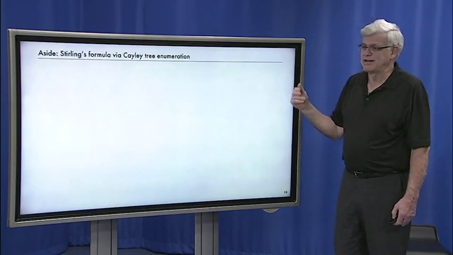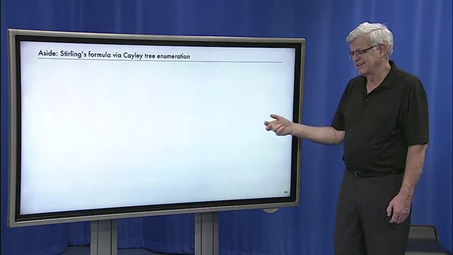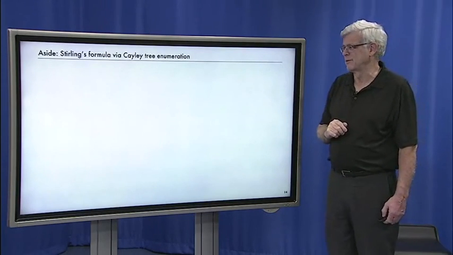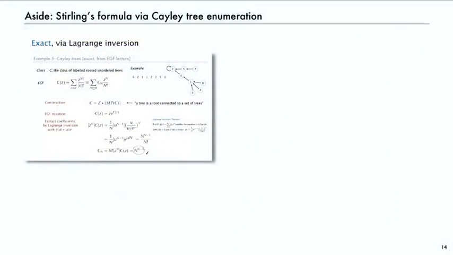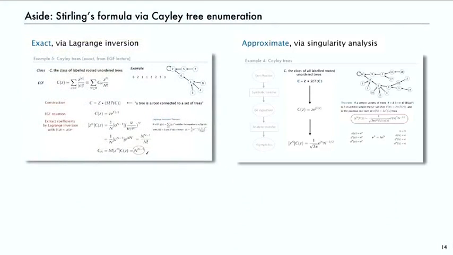Just as an aside, to show that everything's hidden under the covers, even Stirling's formula is hidden under the covers. We looked at the exact derivation through Lagrange inversion. And then in this lecture, we talked about the approximate derivation through singularity analysis. The exact one says we get n to the n minus 1.